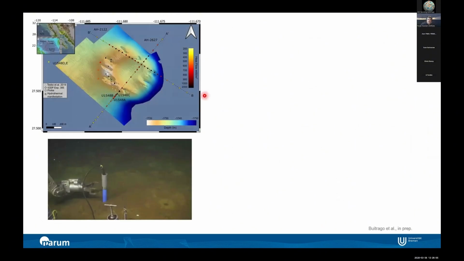And then I think the last example is a survey we also did in Mexico, where we measured very close spaced, 50 meters, across a sill intrusion into the sediments. This feature is 700 meters in diameter. It's a ring structure, and on the rim of the ring structure you can observe some small vents.